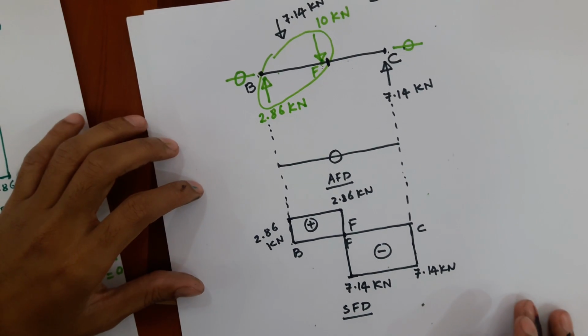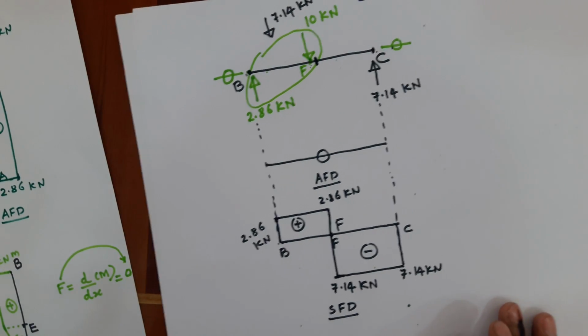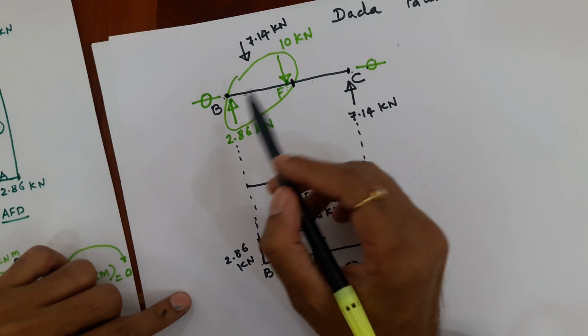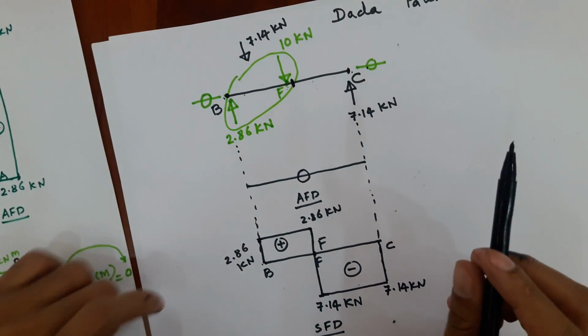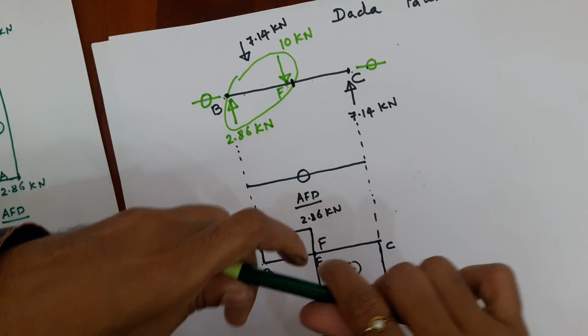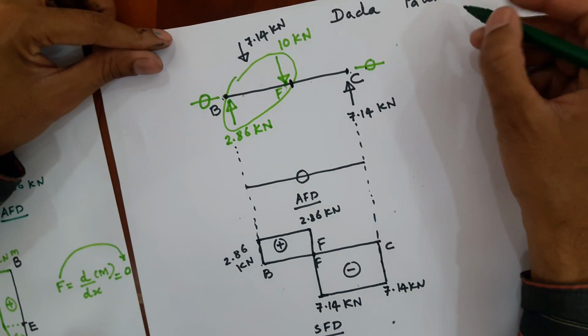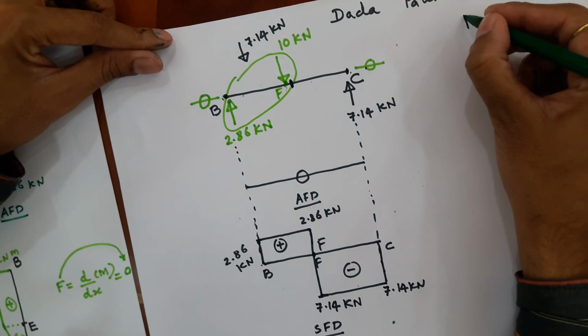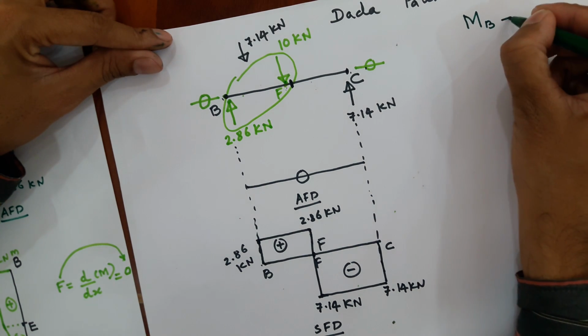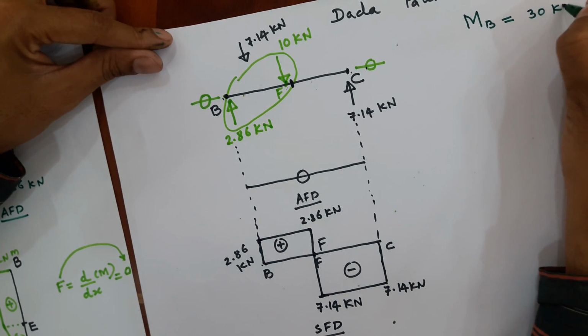Now for BMD, it is always better to go to the main diagram, because this free body diagram I only draw for SFD and AFD. For BMD you can always go back to the main diagram. Now there is no necessity to calculate bending moment at B, you have already calculated it. Bending moment at B is 30 kilonewton meter.